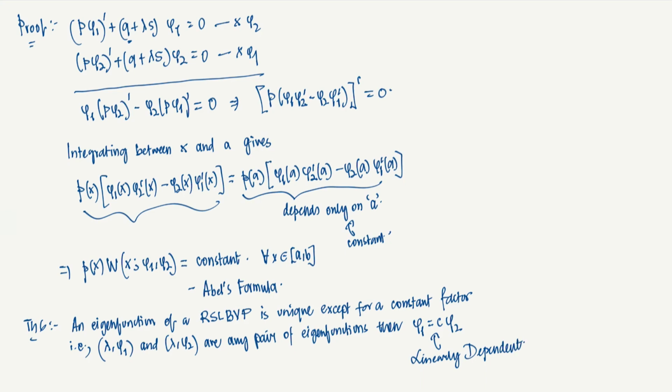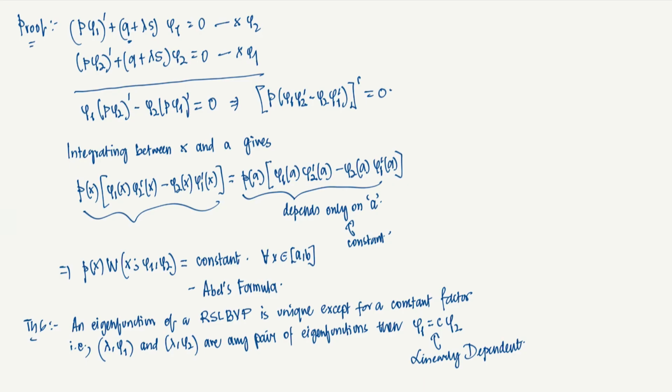So basically what I am saying is this. If you remember the first theorem, it says that for two distinct eigenvalues, the eigenfunctions corresponding to them are orthogonal with respect to the weight function.